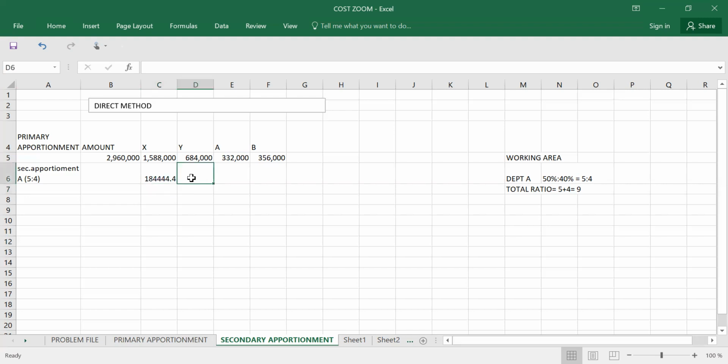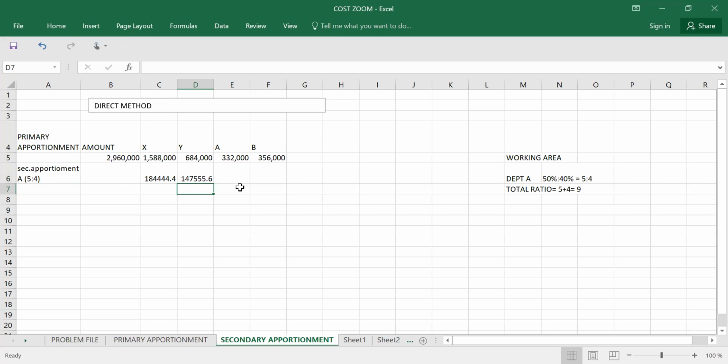Then Y is going to get, because Y is getting 40%, which we reduced to 4, 4 divided by the total ratio, then multiplied with the same cost. That is what you will be getting.